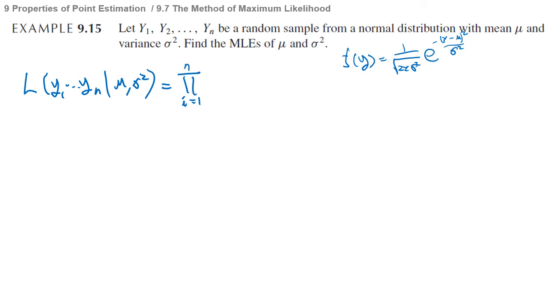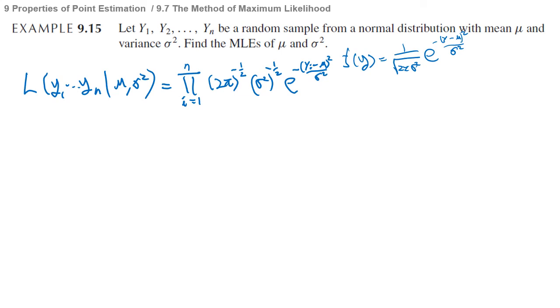So it is (2 pi) to the minus 1 over 2, sigma square to the minus 1 over 2, e to the minus (yi minus mu) squared over sigma square.